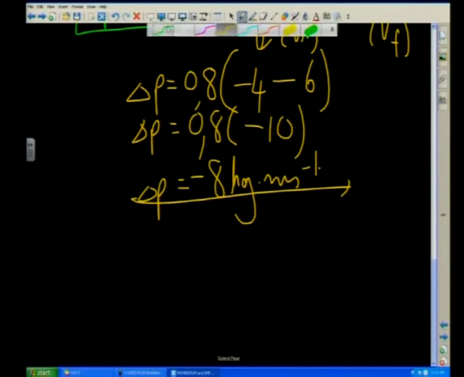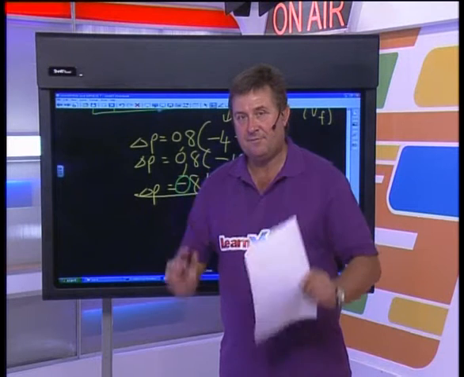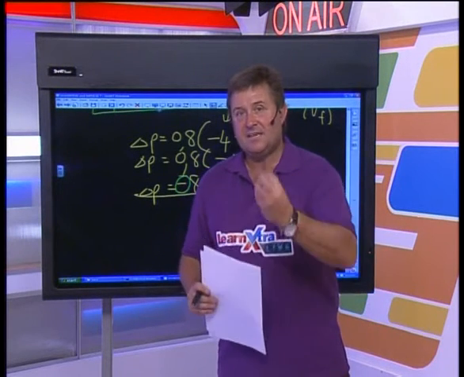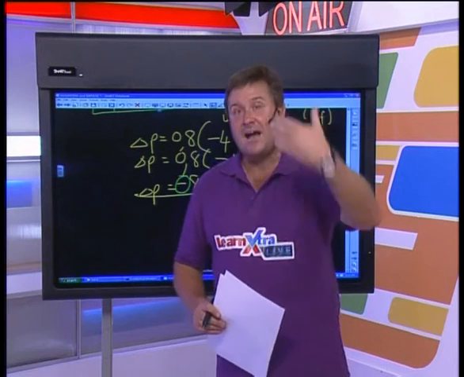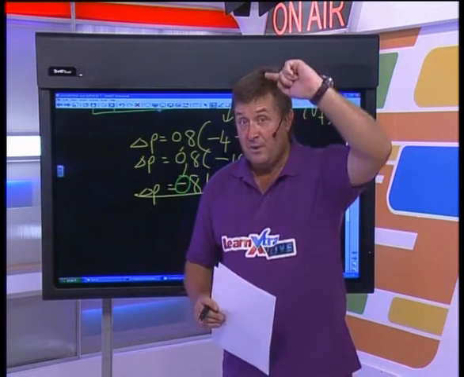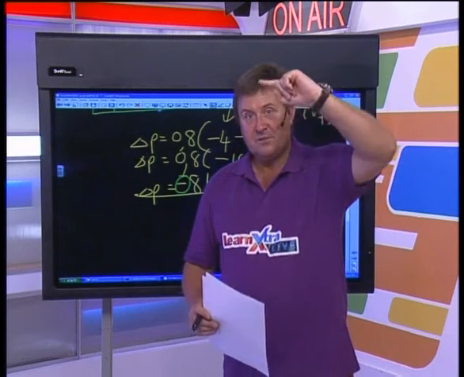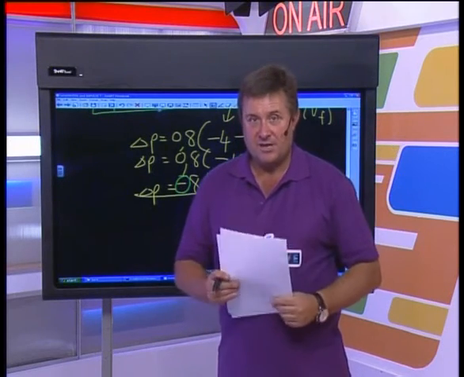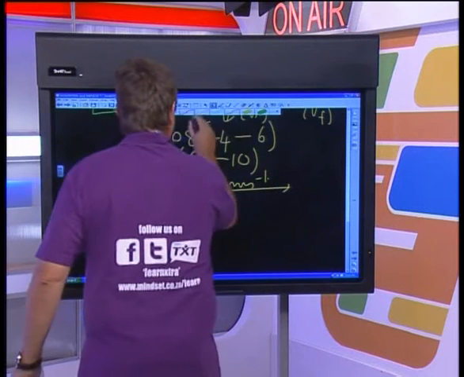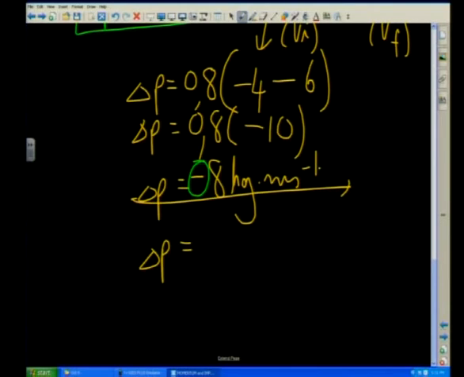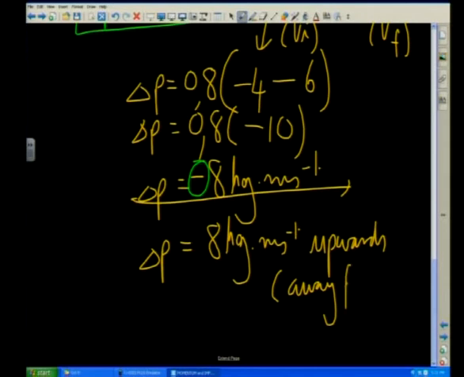Okay. Again, guys, look over here. There's my negative sign. It's come up in my answer. We have to interpret the negative sign. The negative sign is going to be in the direction we've assigned it. And remember, guys, we assigned that upwards, or away from the floor, bouncing upwards from the floor, will be my direction, which is negative. So therefore, my delta P, my change of momentum, is going to be 8 kilogram meter per second upwards, or we could say away from the floor.